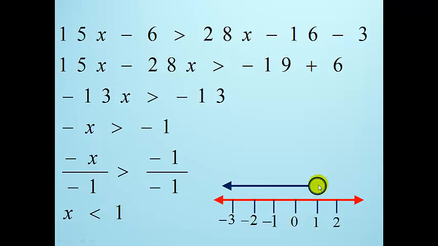That is why the circle at 1 is not shaded. So this is the number line of the inequality x < 1.